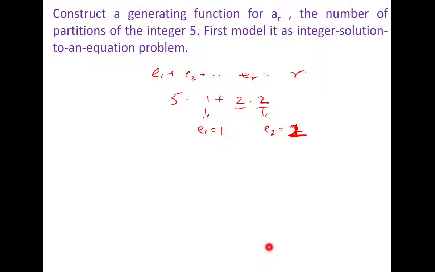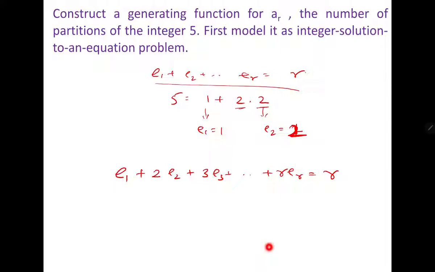So ei is 10 but its contribution is 30. It means that instead of this equation, it's better to write e1 plus 2e2 plus 3e3 plus and so on up to r er is equal to r.